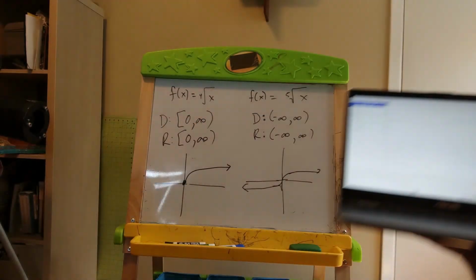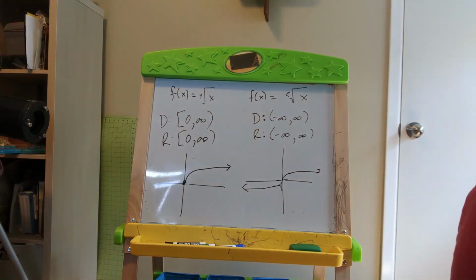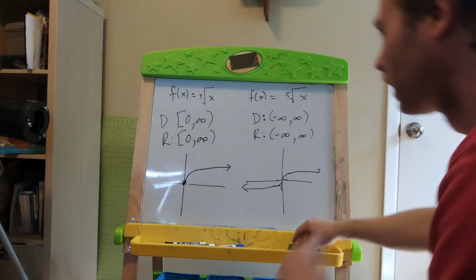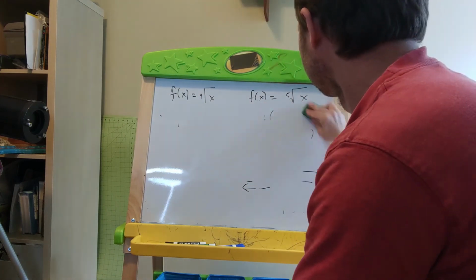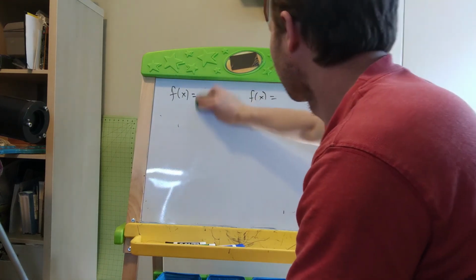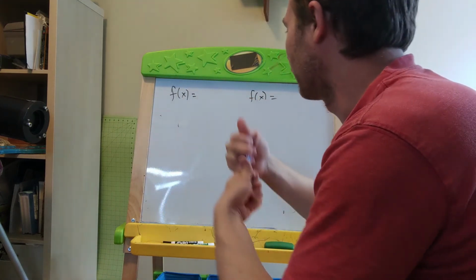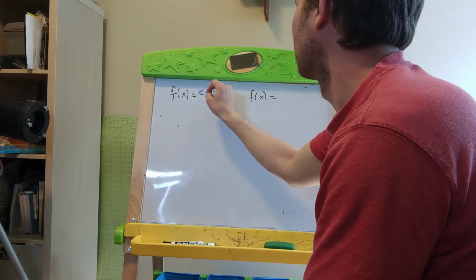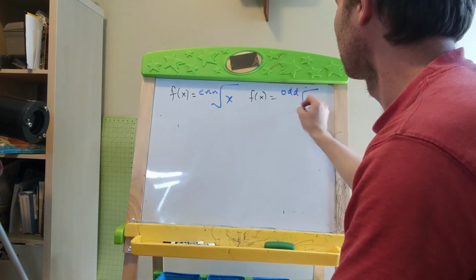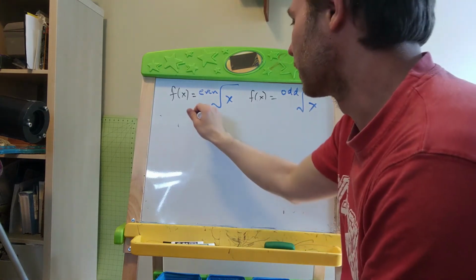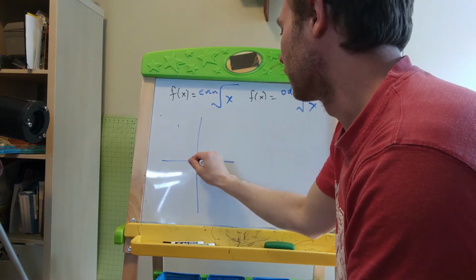You'll notice that there's a pattern with these functions. Anytime you have an even root of x versus an odd root of x, the even roots are always going to have a similar basic shape.